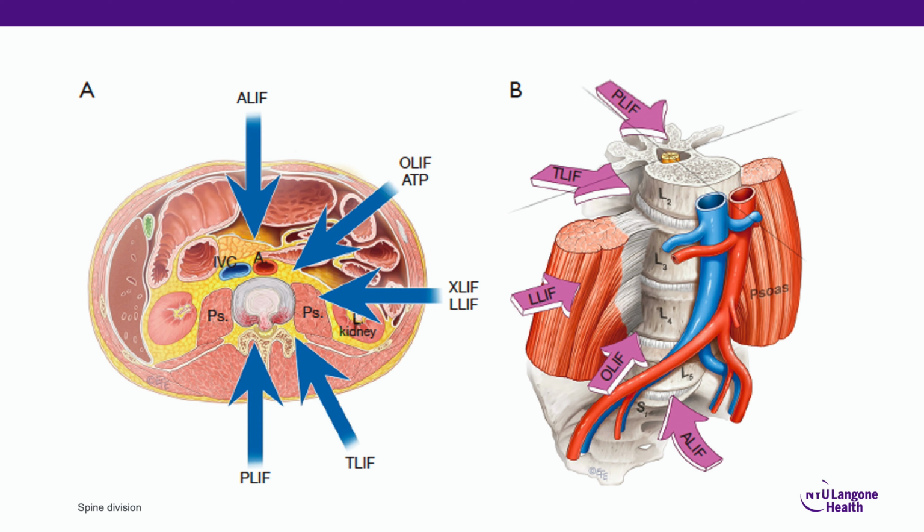We have XLIF, or lateral interbody fusion, going directly through the psoas. And we have anterior to the psoas approaches, which are OLIF and ALIF, anterior lumbar interbody fusion, going retroperitoneal. I suggest just reading about and understanding every one of those and what it means.